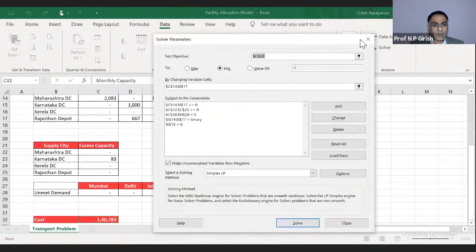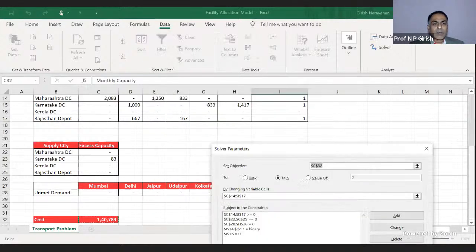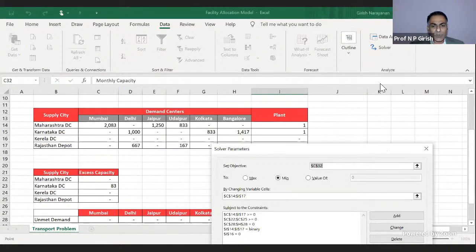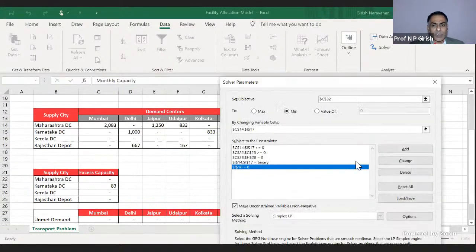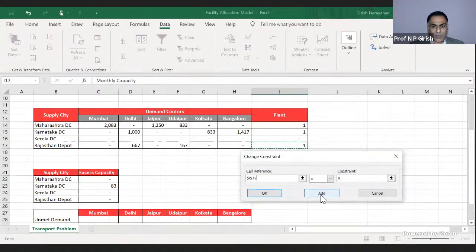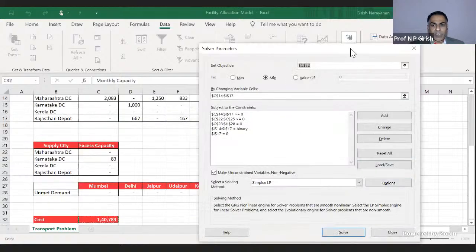I16 is equal to 0. I put I16 is equal to 0. I'll change I17 is equal to 0. Say okay. Solve.